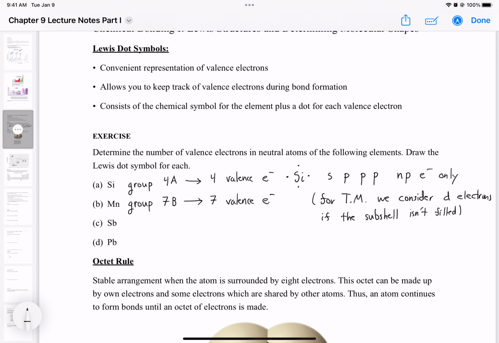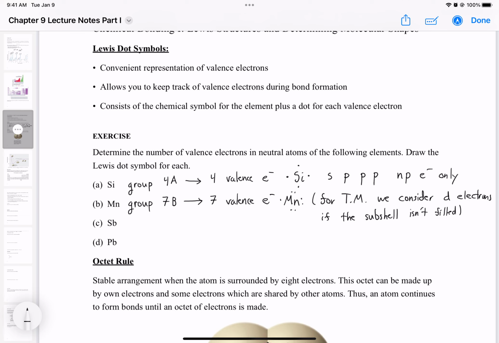In this case, we look at the group number and we can see why it has a variety of oxidation states. If we draw manganese here, we put electrons around it. We have 4, then we start pairing electrons: 5, 6, 7. So we have 7 valence electrons for manganese.